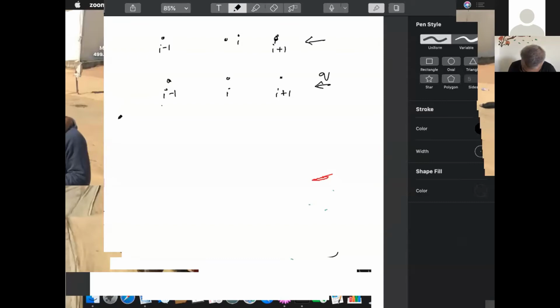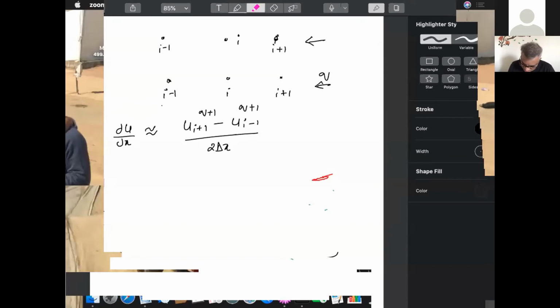That means dou u by dou x is approximated as u i plus 1 at q plus 1 minus u i minus 1 at q plus 1, divided by 2 delta x. All that I changed is instead of taking derivatives at this level, I'm taking the derivatives at this level. That's it. Nothing else. No change has been incorporated.